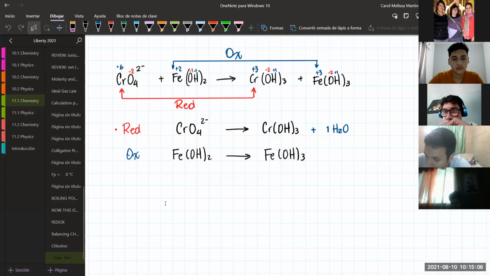But now, as you can see, here I have hydrogen, and in the reactants I don't. So the rule says that to balance hydrogen, I need to add hydrogen plus ions. So how much hydrogen do I need to add in the reactants to make it balanced?